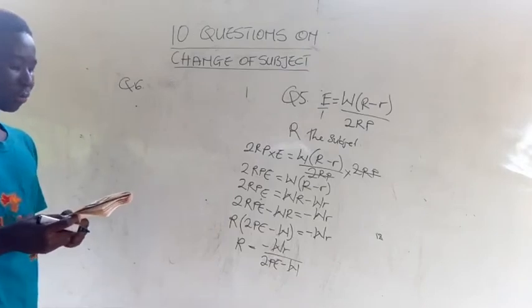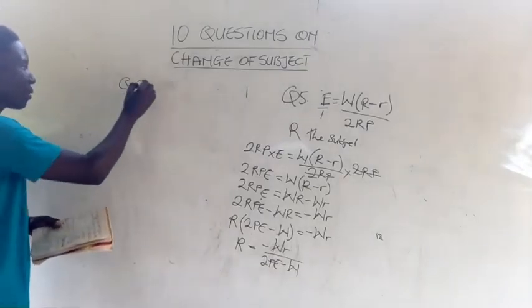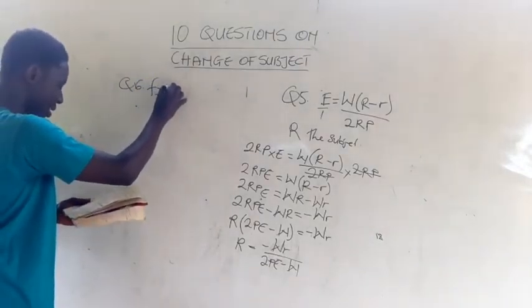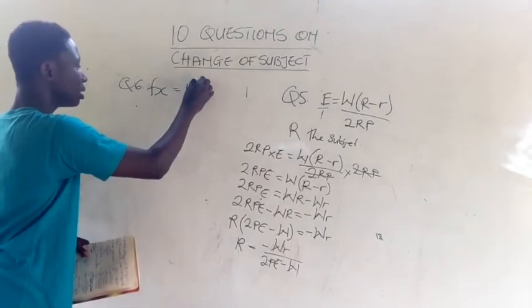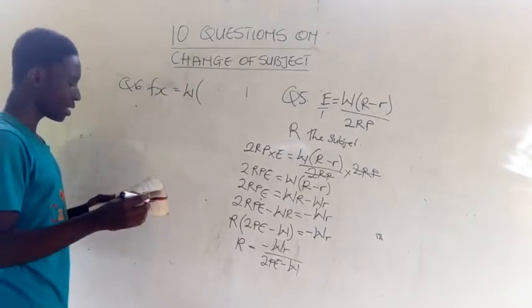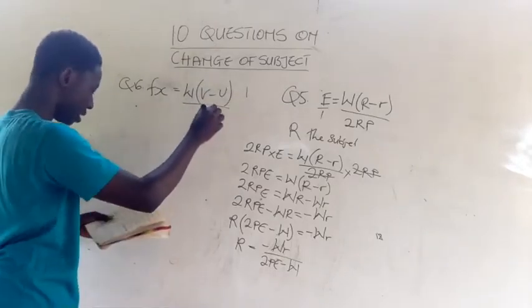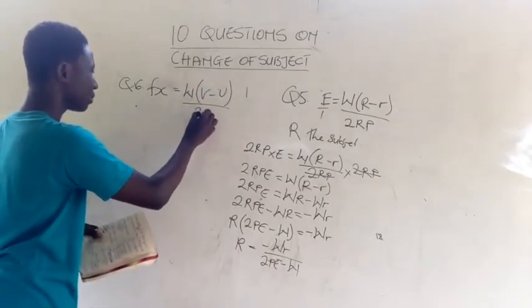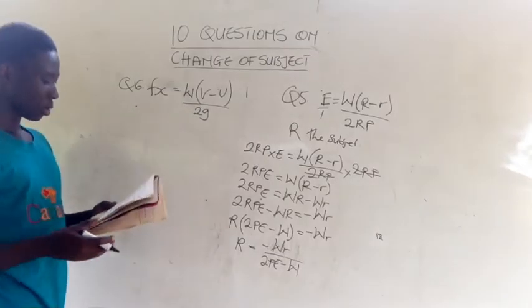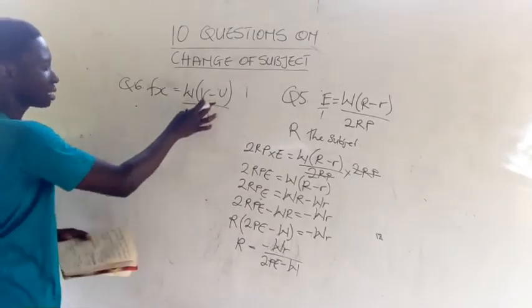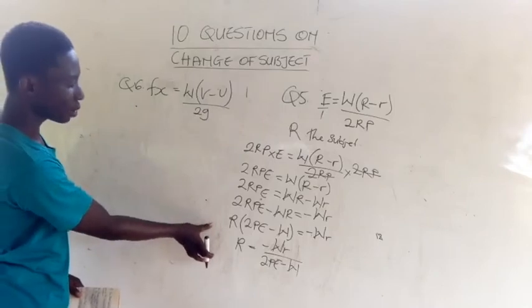Make u the subject of the relation f of x is equal to W into v minus u all over 2g. So we have to make u the subject. So it's just like question number 5.